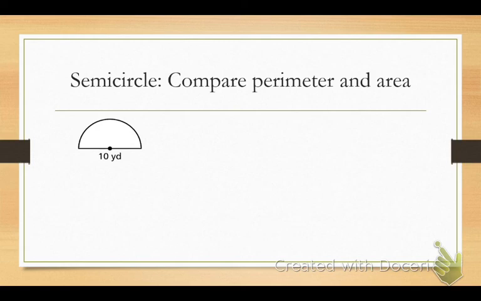Okay, the perimeter. Remember, the perimeter equals the circumference divided by 2 plus the diameter. What is the circumference? What did you find? The circumference was 31.4, divided by 2 plus 10, diameter. 15.7.